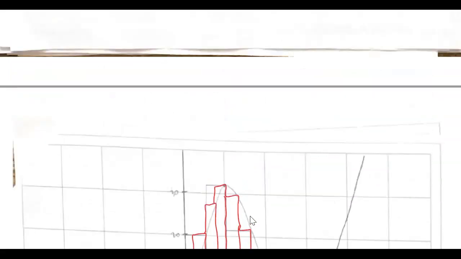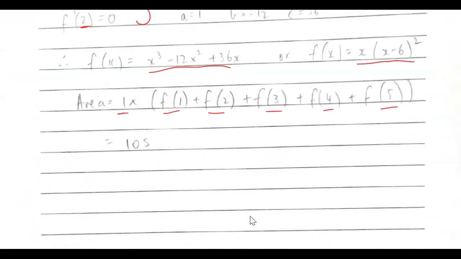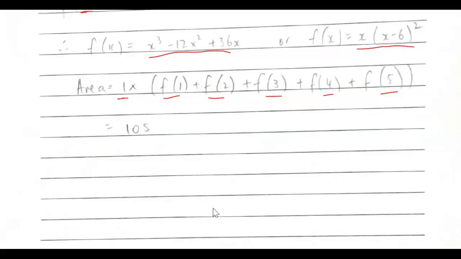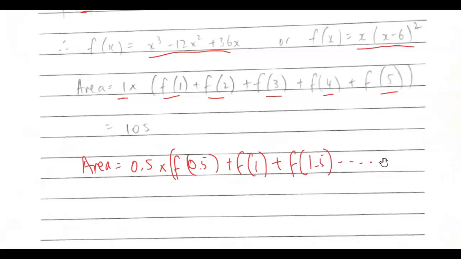Now, I did 6 rectangles before here. So if I was doing the area for 12 rectangles, obviously I'm decreasing the width of the rectangle to 0.5, and then the first one is 0.5, 1.5, and then I'm going all the way to 5.5.